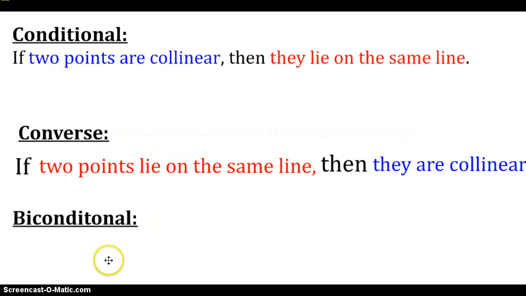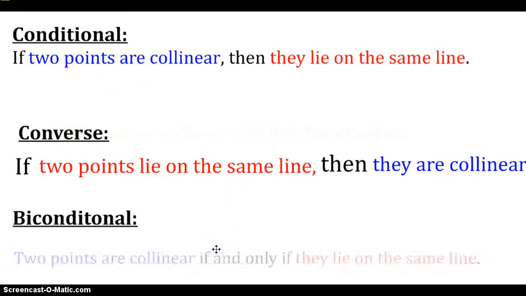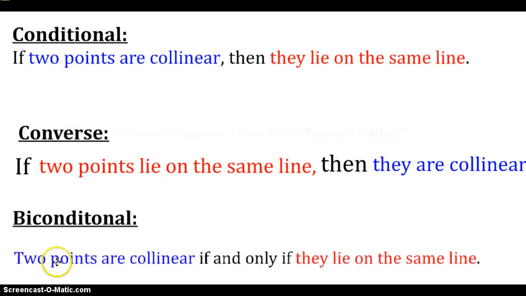And now take a second and write your biconditional. Remember that it goes back to the conditional statement. So for example, two points are collinear if and only if they lie on the same line. So you're taking away the if and the then, and you are putting in if and only if.